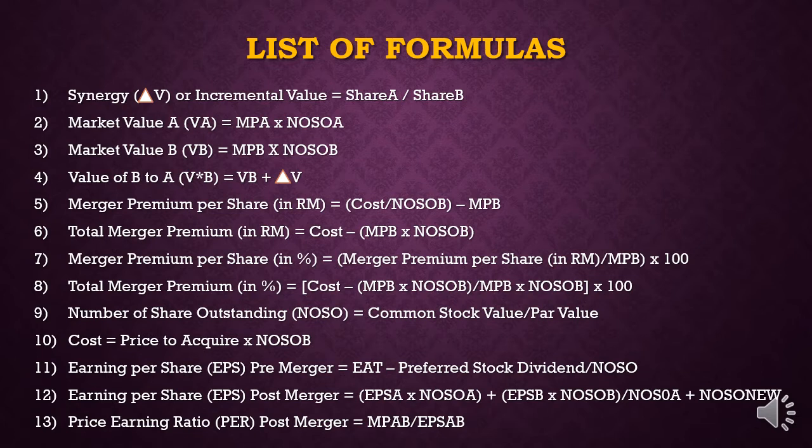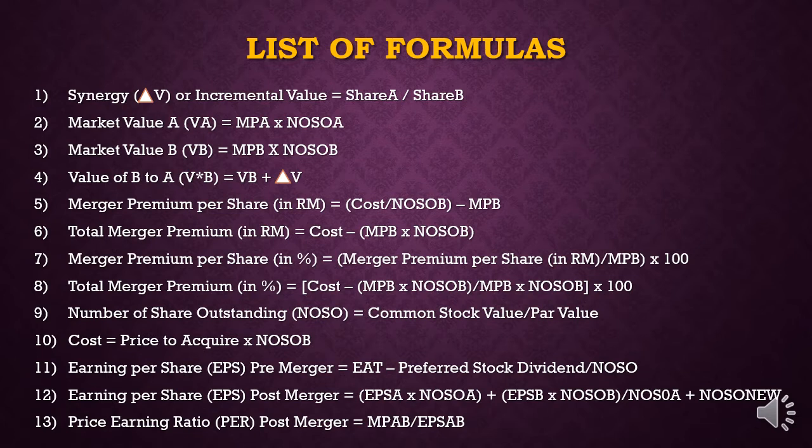And for formula number 7, you will calculate merger premium per share but in percent. And the formula is equal to merger premium per share, which is the merger premium per share in RM, divided by market price of B, times 100, since the formula is measuring by percentage.